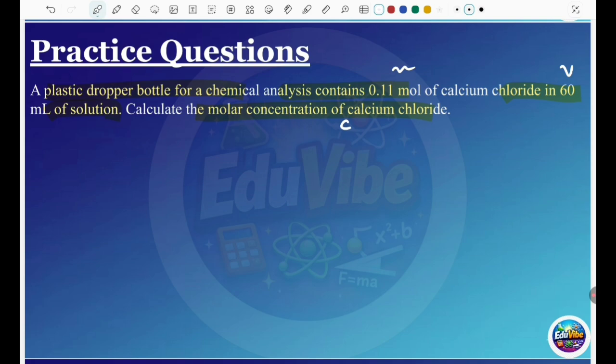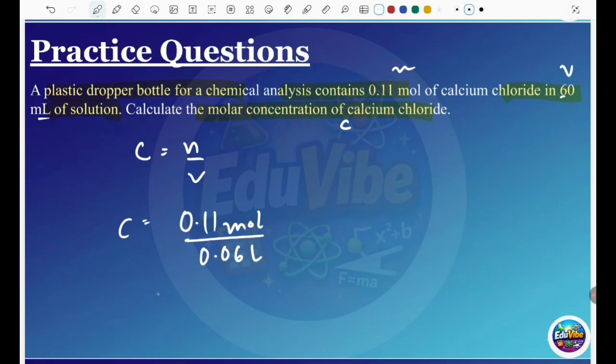You know C is equal to n upon V. n is 0.11 moles. You have to convert the 60 mL into liters, so you get 0.06 liters. When you calculate this, you get about 1.83 moles per liter, which is basically 1.8.